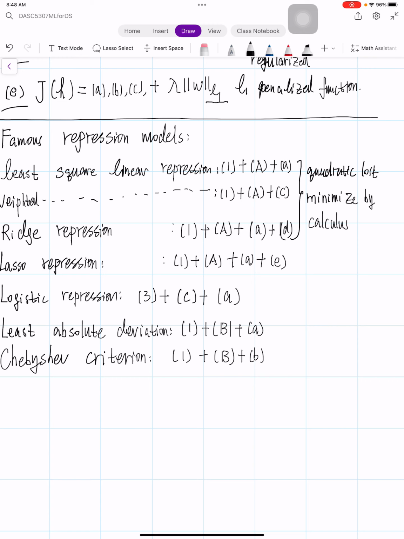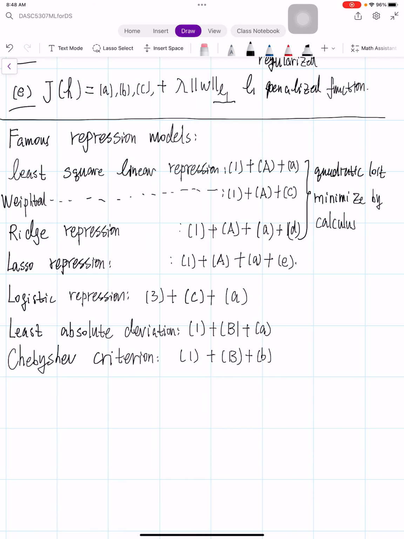But for the lasso regression, we don't have closed form formulas. We need to solve it by using quadratic programming.